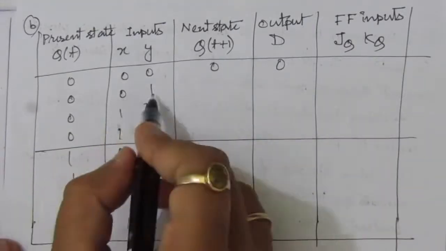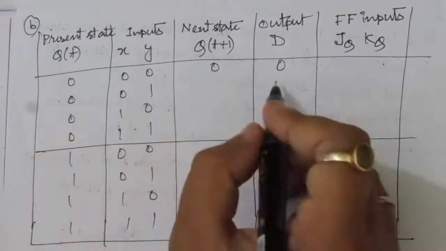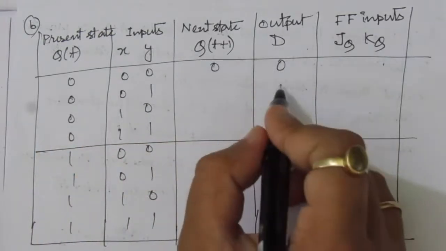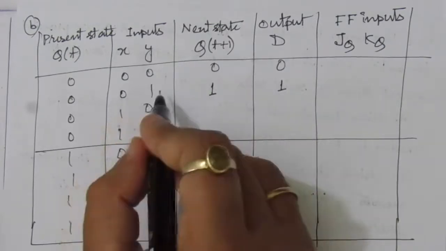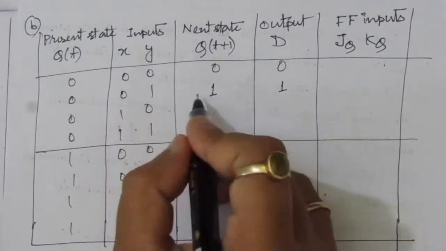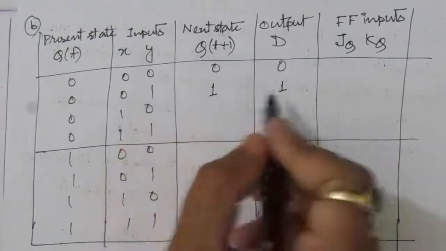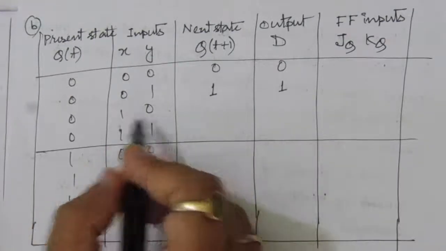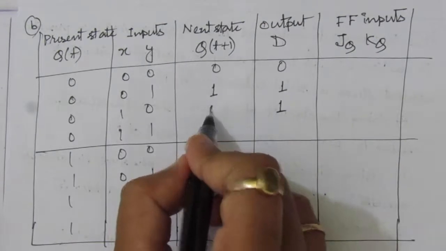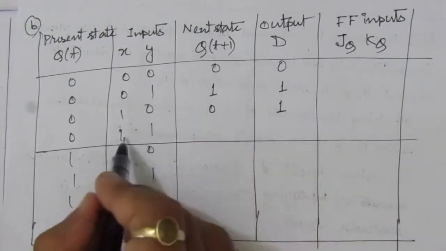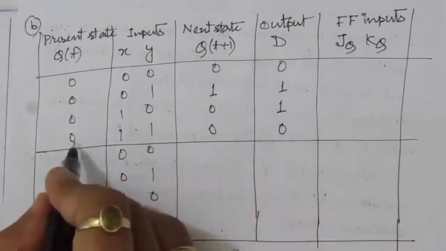Next we have 0 minus 1, input borrow is 0, so 0 minus 1 minus 0, the difference is 1 and borrow is 1. 0 minus 1, we have to take 1 borrow, and after taking 1 borrow it will be 10, and from 10 if we subtract 1 we'll get 1. Next we have 1 minus 0, the difference will be 1 and the borrow is 0. Next we have 1 minus 1, so the difference is 0 and borrow is also 0 because we do not have a borrow in here.